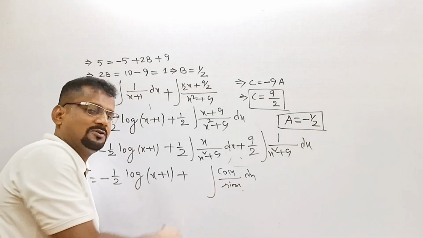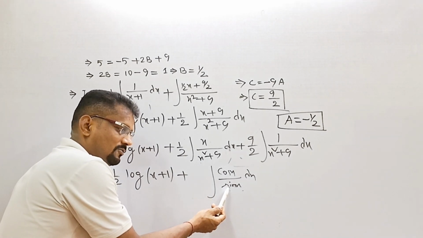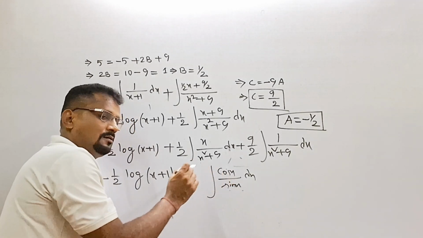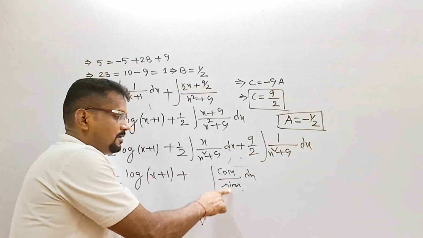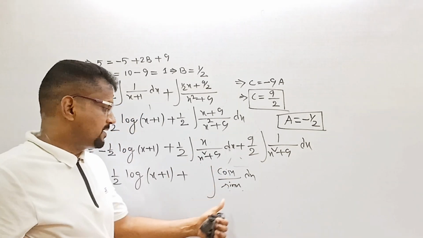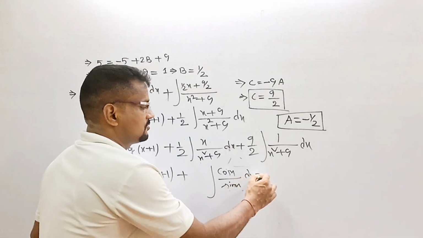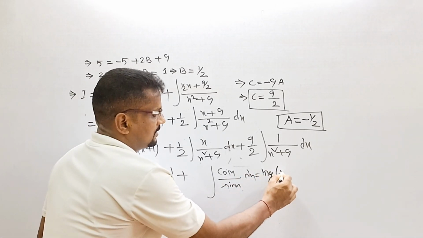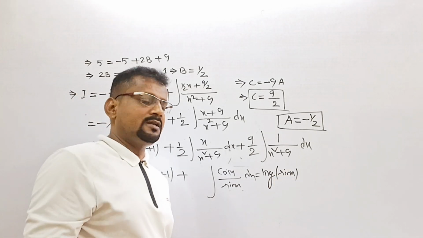That is nothing but the integration of cot x. If the derivative of the denominator is the numerator, and here it happens, the derivative of sin x is cos x, the value of this will be simply log of sin x. That's why integration of cot x is log of sin x, you know it.